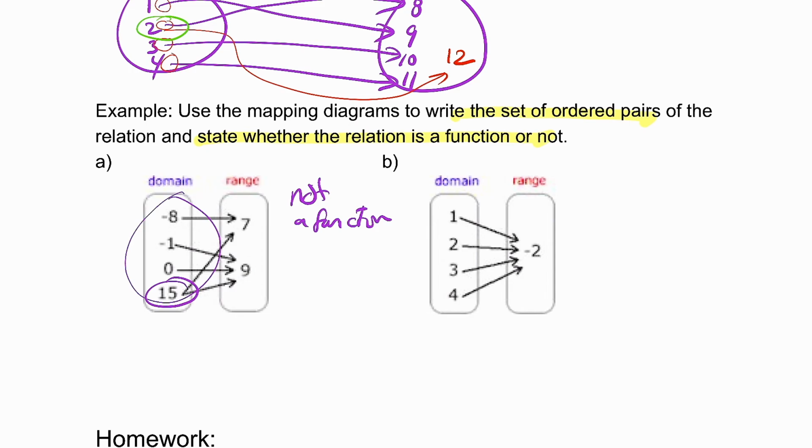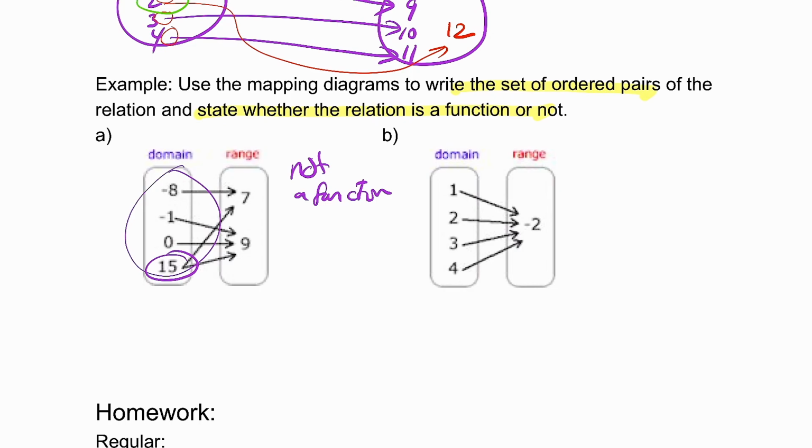That's a function because a person can only have one biological mother. It's the same idea here: no matter what our domain value of x is, 1, 2, 3, or 4, we get the answer -2. So this is still a function because only one arrow is coming out of each thing in my domain.